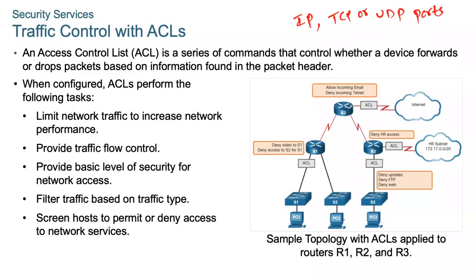And how is it going to be controlled? Suppose ACL is configured here, at router 2. How it is going to be configured is based on the numbered and the named access control list. So what is that numbered and named access control list?